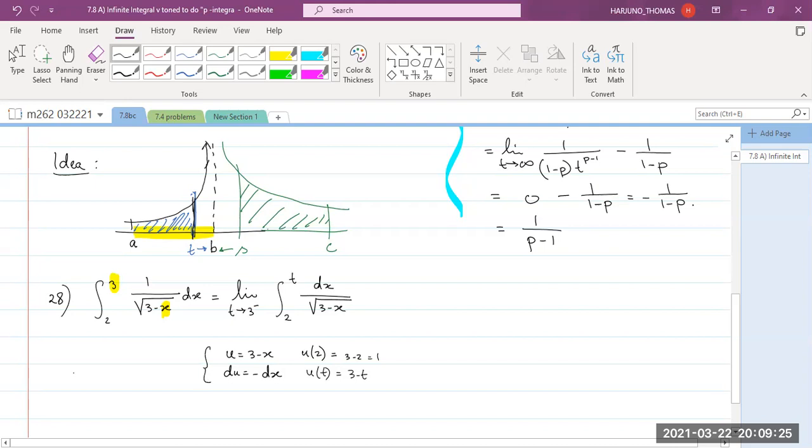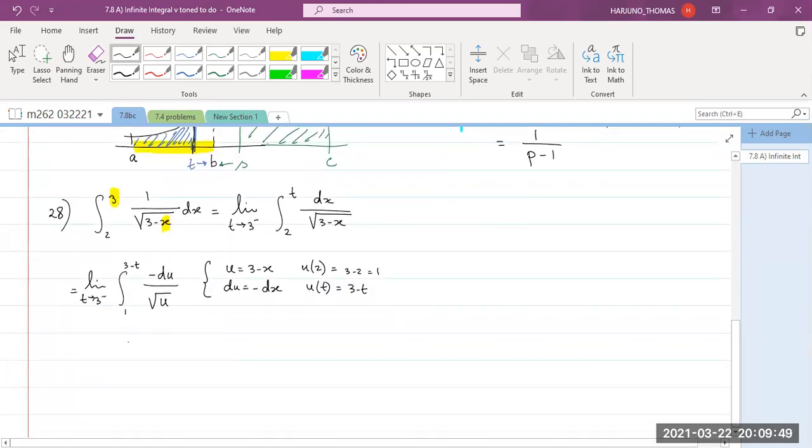So the integral will be the limit as t goes to 3 from the left-hand side of the integral from 1 to 3 minus t of negative du over square root of u. I will absorb the negative by reversing the order of integration. This is u to the negative 1/2 du.